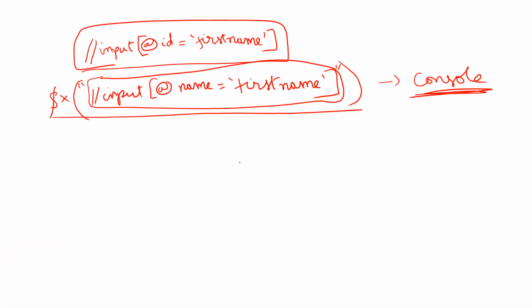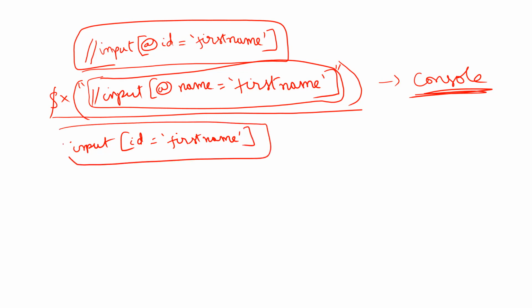So for a CSS selector, we will directly use the tag name, which is input, and we will use the ID or name attribute or any attribute that you want, and we will pass the ID or name or anything. So this is how you will create a CSS selector.